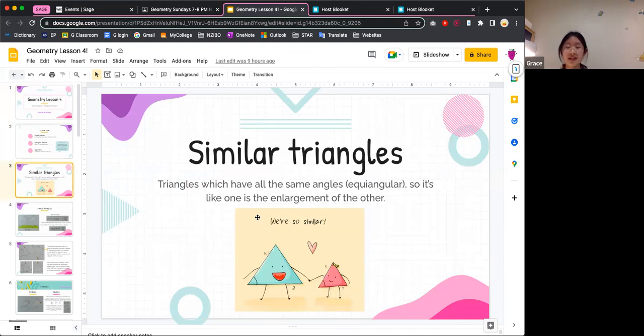They're essentially pairs of triangles that have the same angles, so they look the same, except one might be larger than another. So we might have these two.